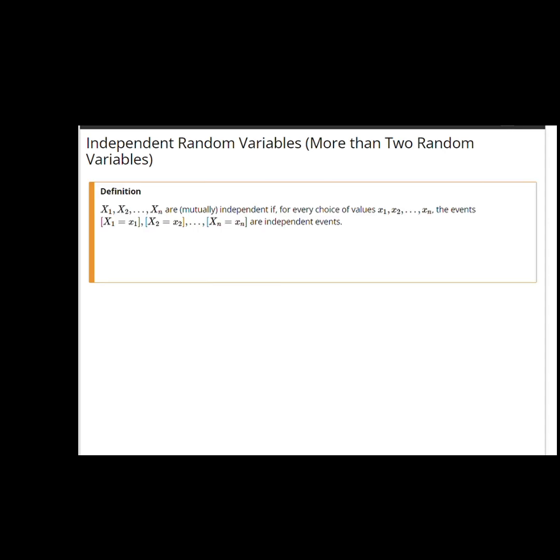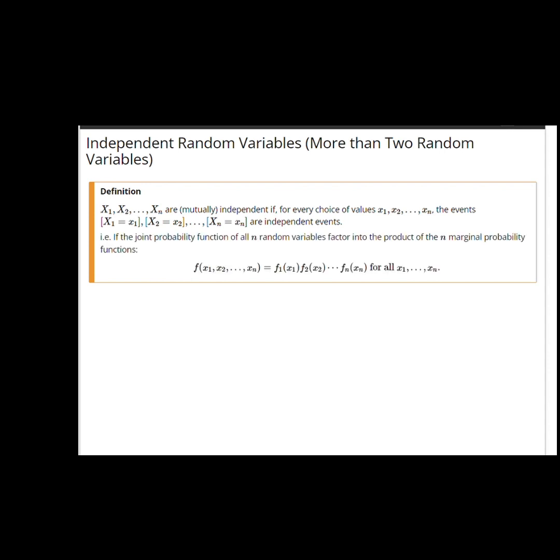Independent random variables when there are more than two. Let's suppose I have random variables capital X1, capital X2 up to capital Xn. We say they're independent if for every possible choice of values, little x1, little x2 up to little xn, the events capital X1 equals little x1, capital X2 equals little x2, and so on, are all independent events.